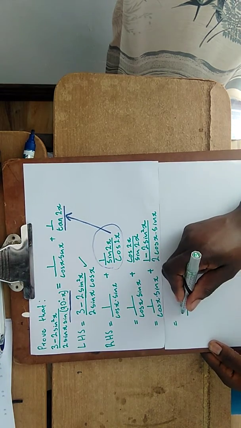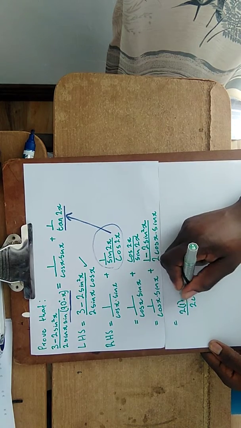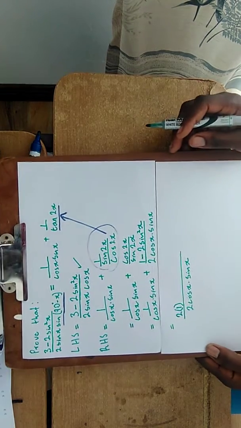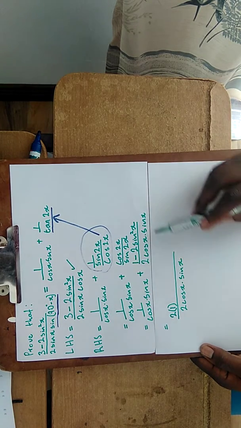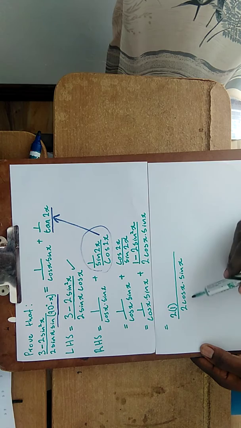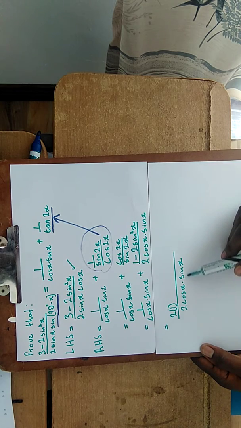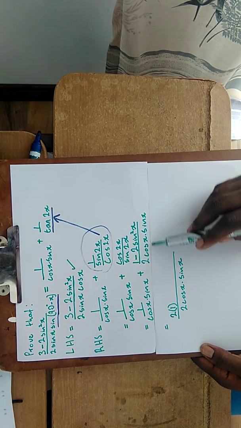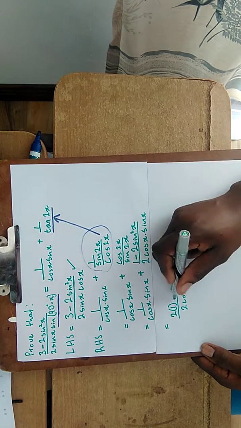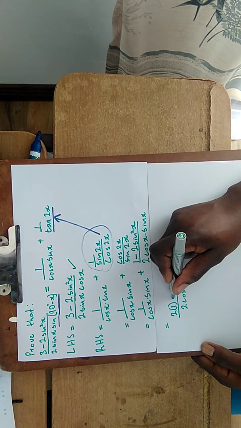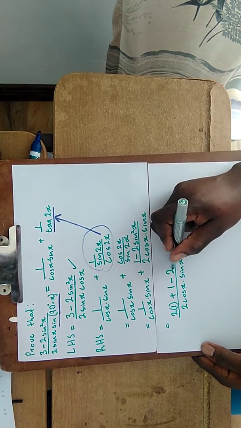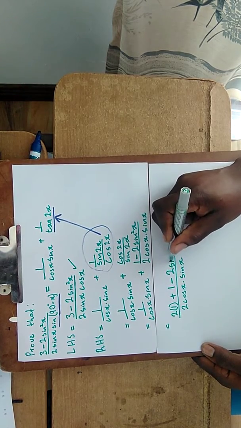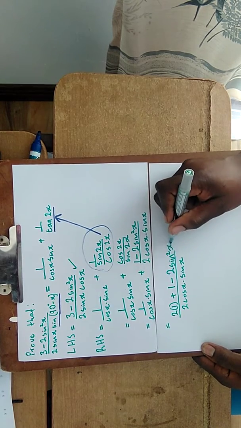We are left with 2 times 1. Then this side, 2 cos x times sine x cancels 2 cos x sine x. We are left with plus 1 minus 2 sine squared x.